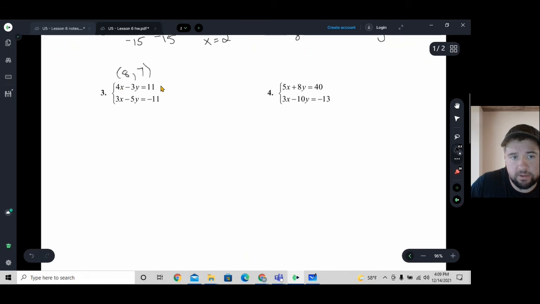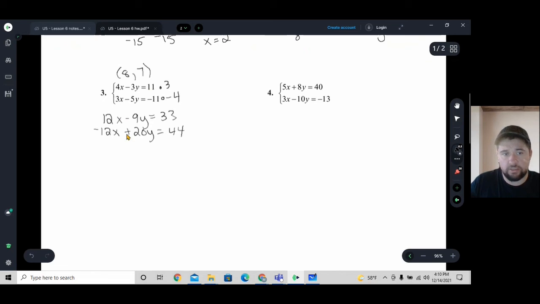I'm going to multiply my top equation times 3, and my bottom equation times -4. These two share a common multiple of 12. So I'm going to end up with 12x minus 9y equals 33. And I'm going to end up with -12x plus 20y equals -44.